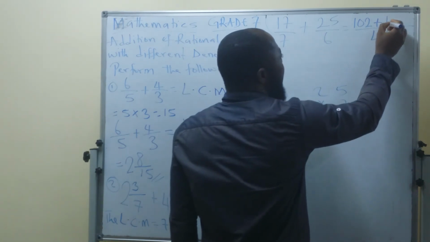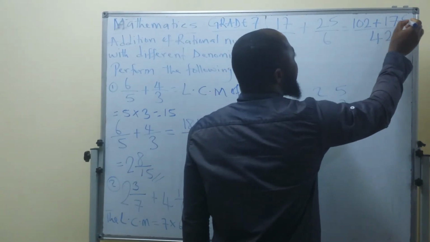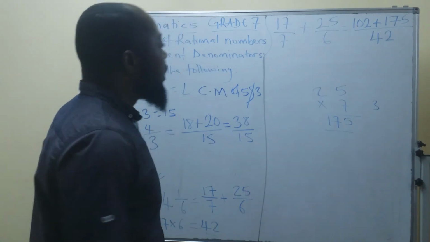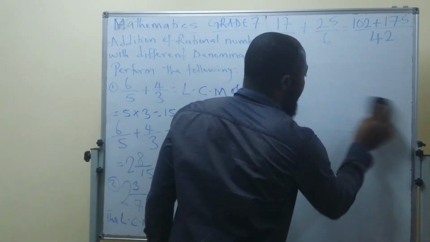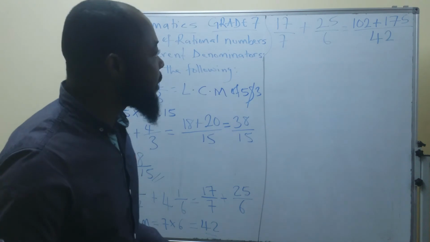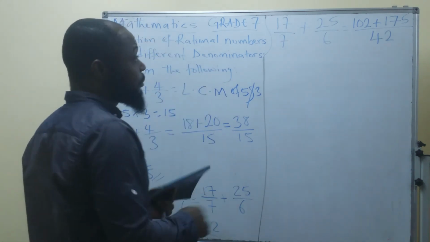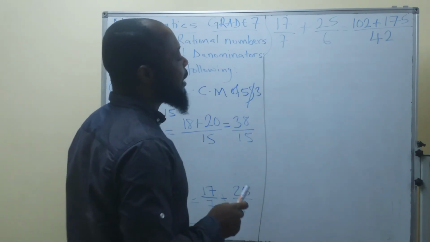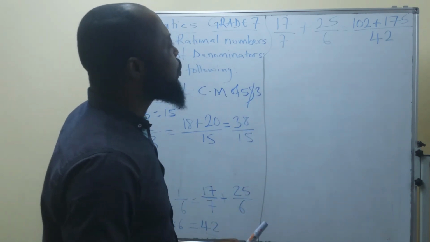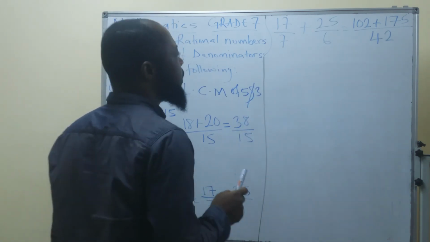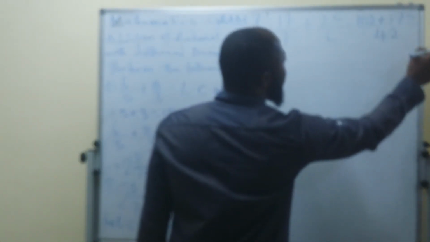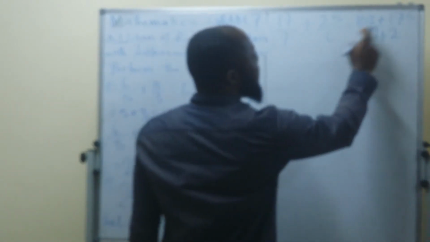Okay, now here we have 175. From this side, we need to add these two numbers together. This is 7, this is 7, this is 2. Okay, as I'm seeing, 277. Straight away, you have 102 plus 175.